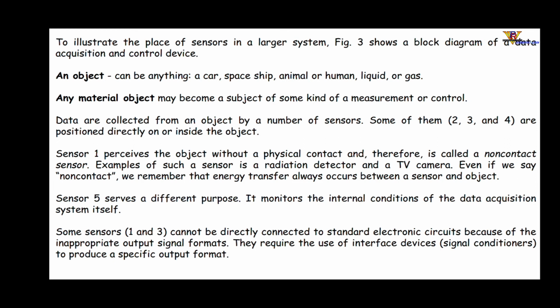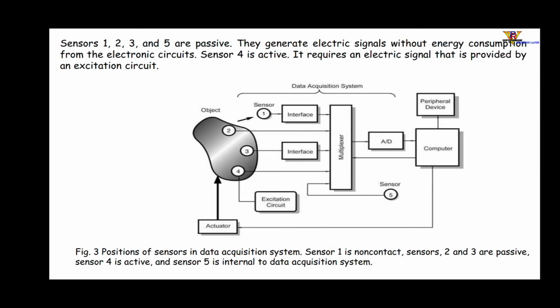A TV camera can detect the movement. Even if we say non-contact, we remember that energy transfer always occurs between a sensor and object. By non-contact, we do not say that energy is not transferring. Here we have some energy transfer between the object and the sensor.